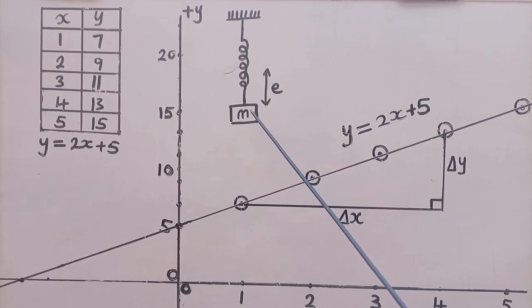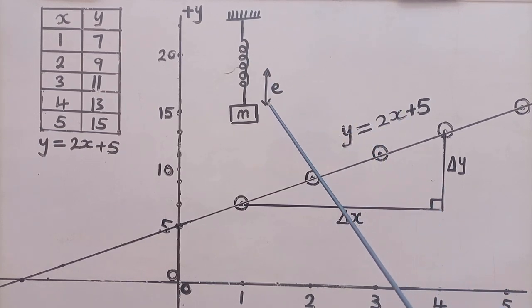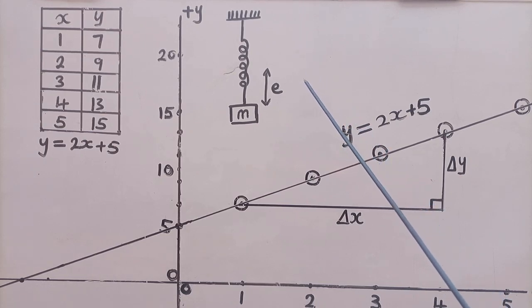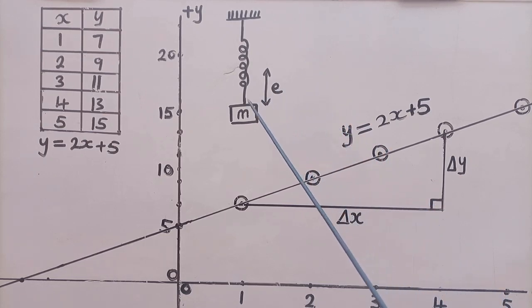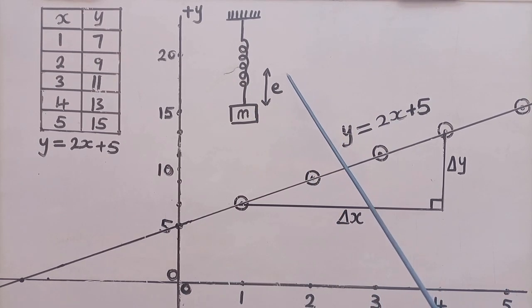What if I bring a piece of paper and hang it onto this spring? Paper has mass. We know that the mass of paper is not zero, but the extension will not be produced, meaning that the mass of that paper will be insufficient to produce any extension on the spring.